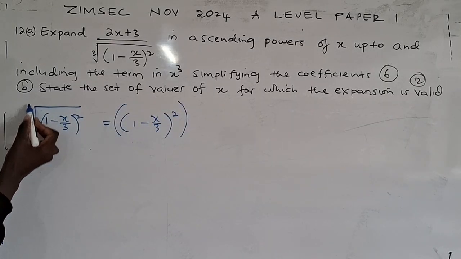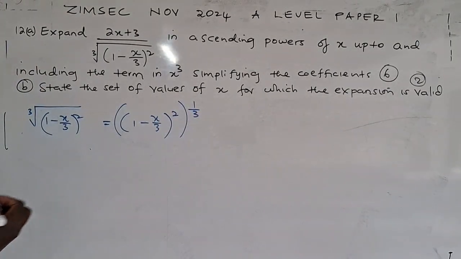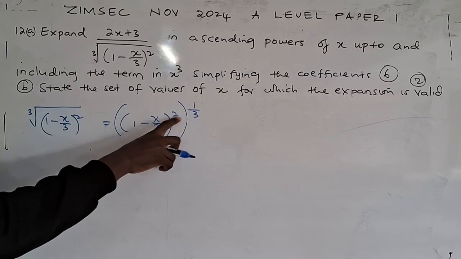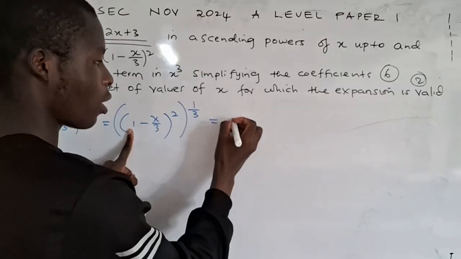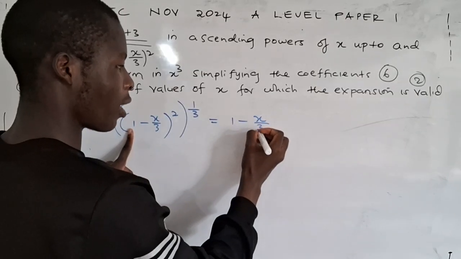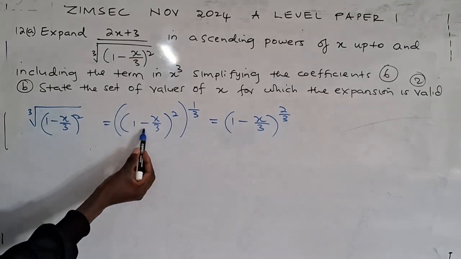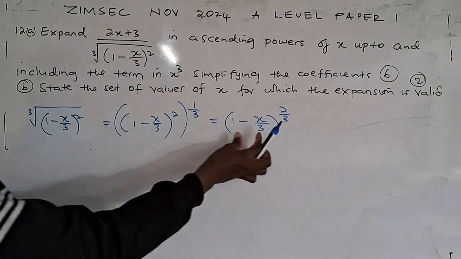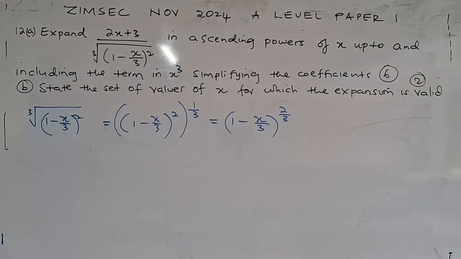This is the cube root, and the cube root is nothing but the power 1/3. So this is to the power 2 and also raised to the power 1/3. So this is (1 - x/3) to the power 2/3. A number is raised to a power and also raised to another power. The result is that number raised to the product of the powers. Here we are.